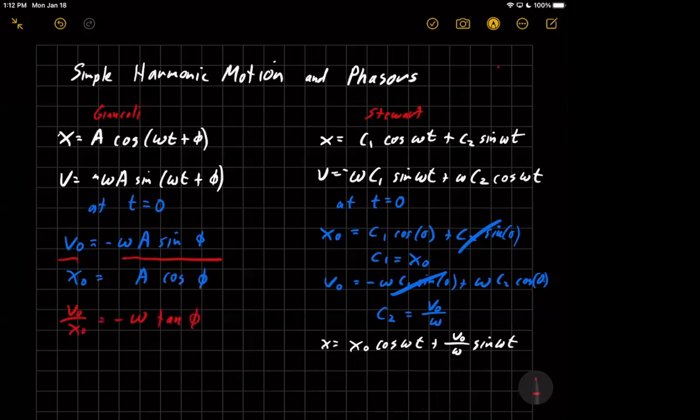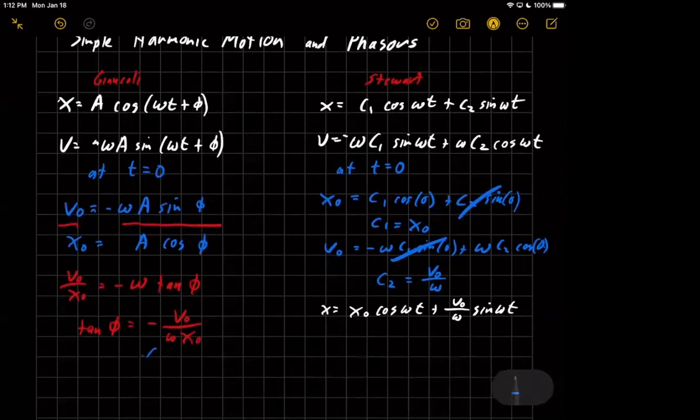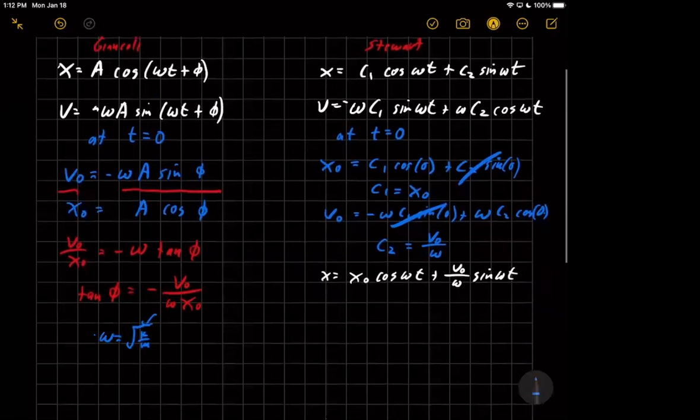So the tangent of phi can be determined from the parameters. Well, let's finish this. So this would be negative v naught over omega x naught. And remember that we could figure out omega if we knew K and M. Omega equals the square root of K over M. So if I'd been given K, M, x naught, and v naught, I could figure out the angle. Unfortunately, though, I can't use that to figure out what A is, although I can get around that.